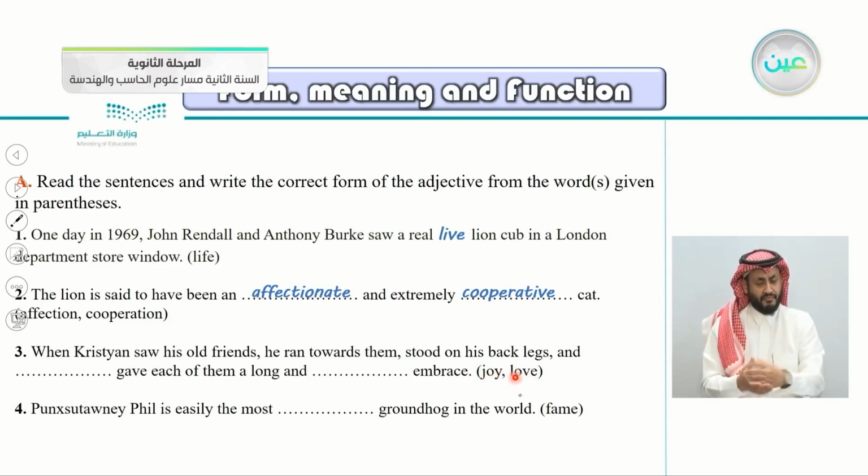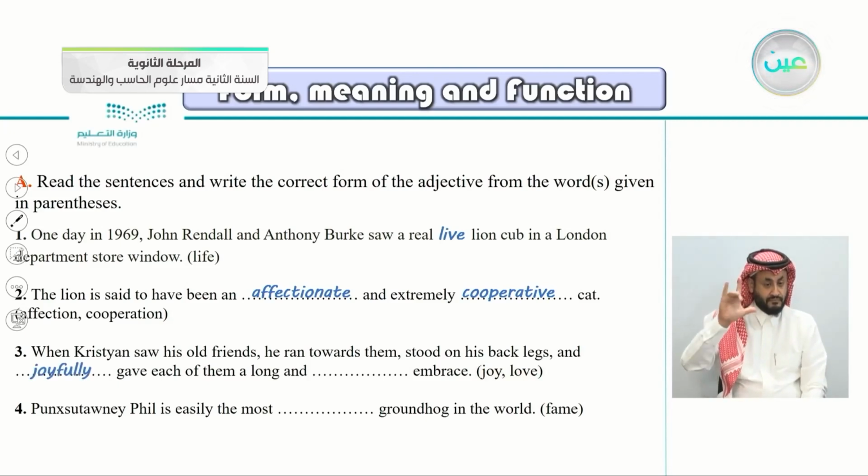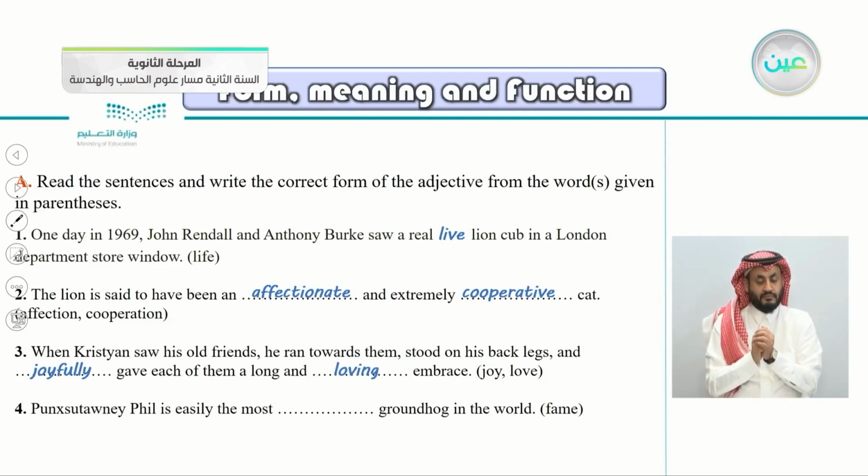Joy and love. So, and very good. Joyful. Yes, and joyfully gave each of them a long and, yes, loving embrace. So, when Christian saw his old friends, he ran towards them, stood on his back legs, and joyfully gave each of them a long and loving embrace.